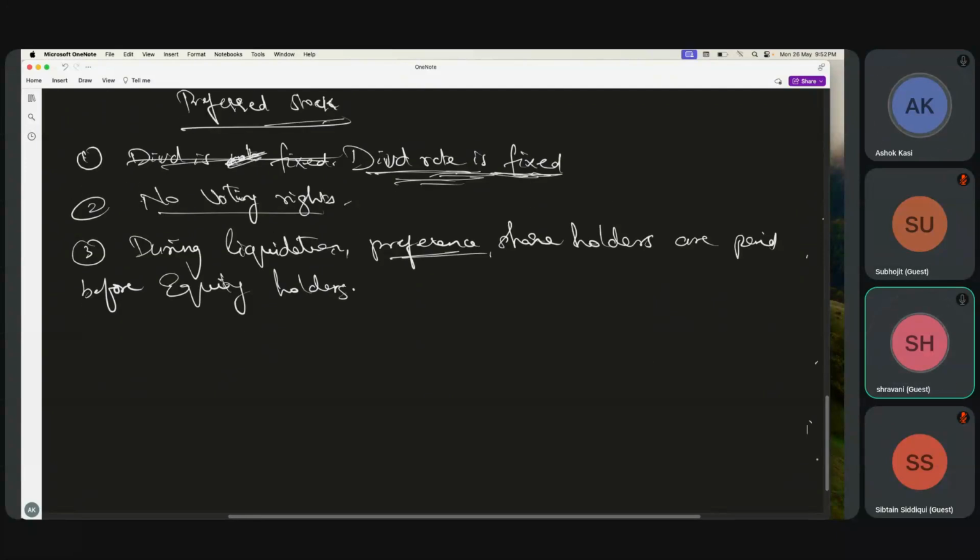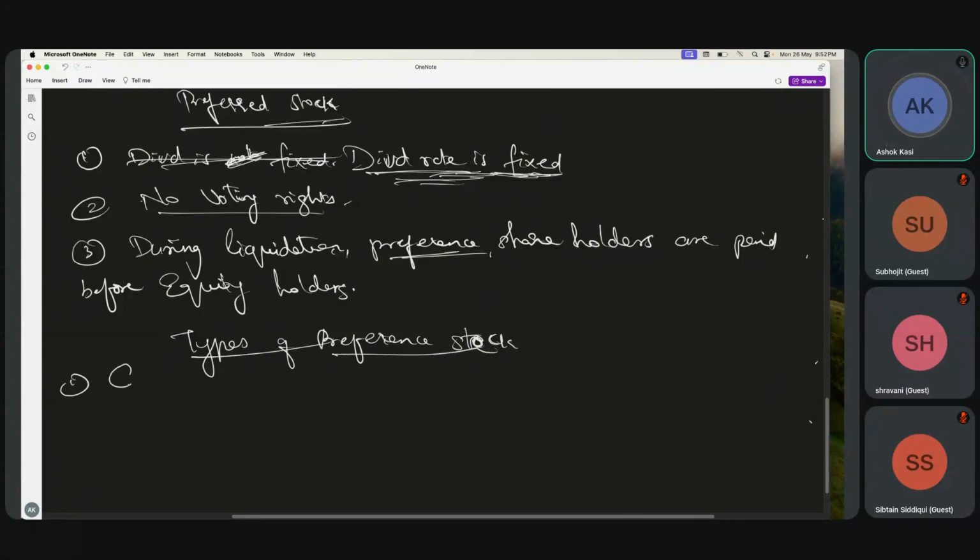Then types of preferred stock. So what are the types? Number one, convertible and non-convertible preferred stock.